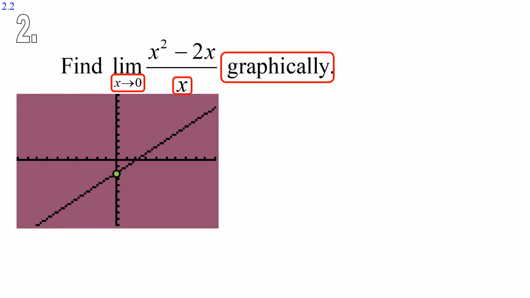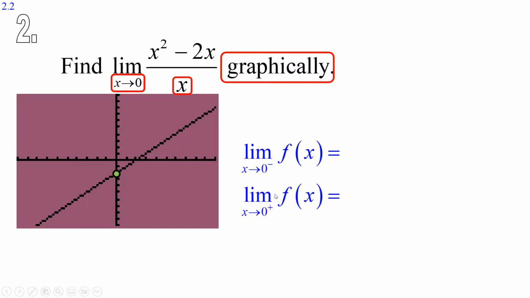Now, we're undefined at x equals 0, but let's talk limits. The limit of f of x as x approaches 0 from the left, it appears that I'm getting closer and closer to negative 2. And the limit of f of x as x approaches 0 from the right, it also appears from this direction that I'm getting closer and closer to negative 2.